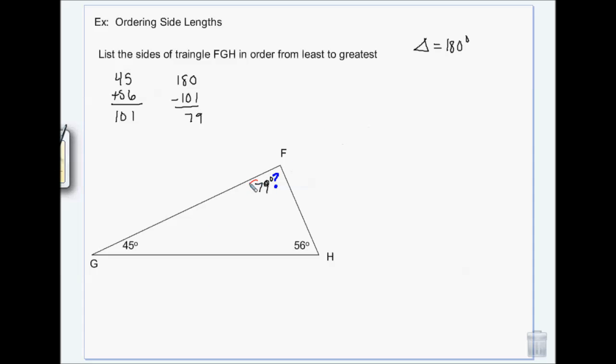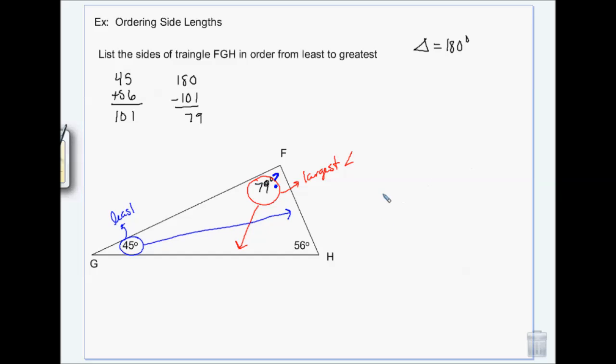So this is my largest angle. It's going to point to my largest side. Yeah, greatest. And then the smallest or least angle is 45. And it's going to point to my smallest or least side.